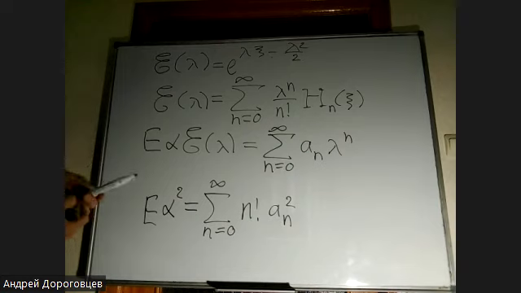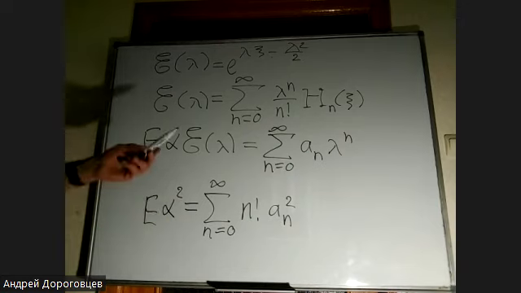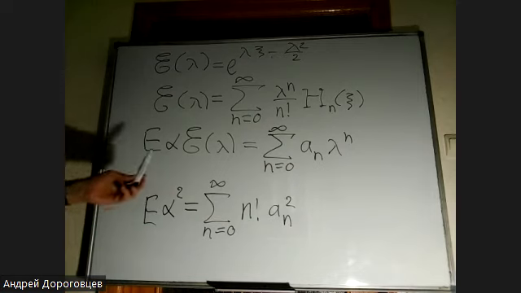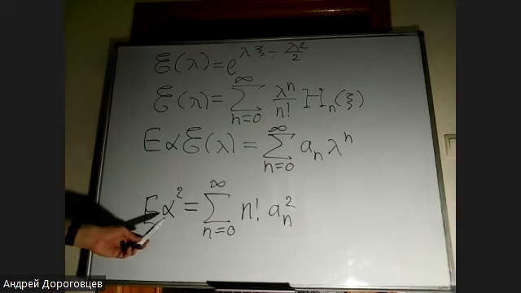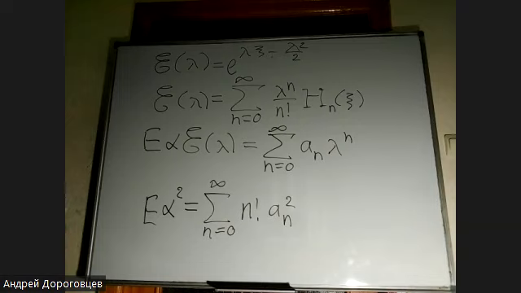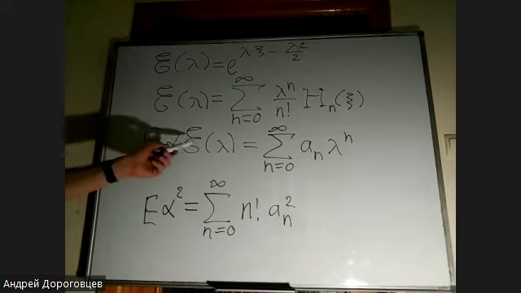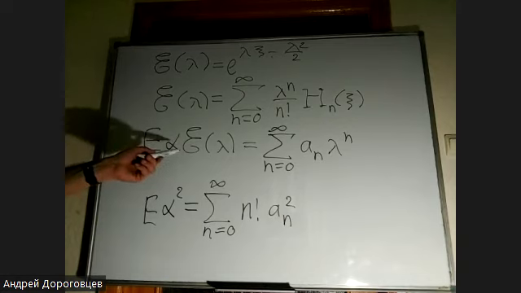Then it's easy to see that the coefficients of the expansion of random variable alpha with respect to Hermite polynomials can be obtained as derivatives of this function at the point 0.